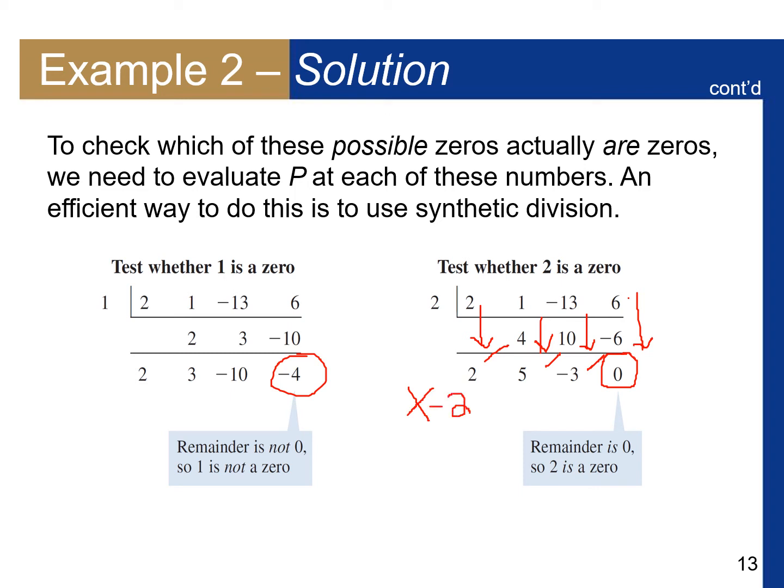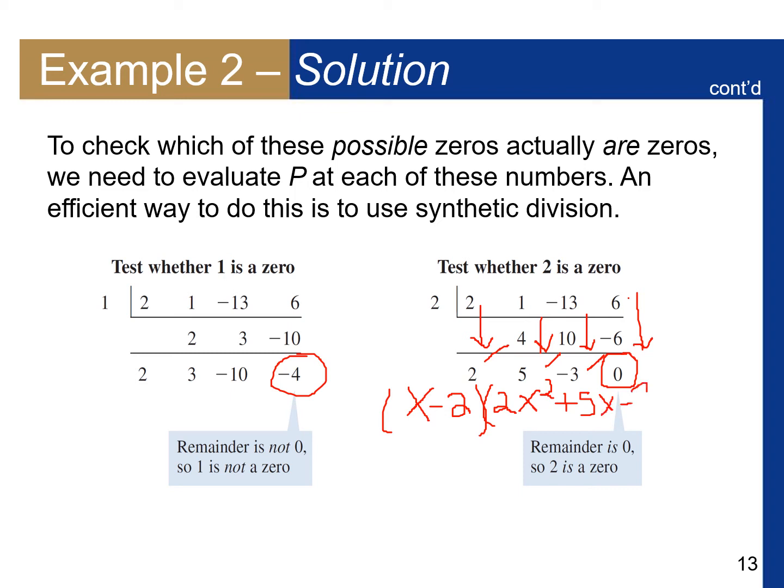It also tells me that this is what's left. So I started with a cubic and now I have a quadratic. So I have this as a factor, and then I have 2x squared plus 5x minus 3.